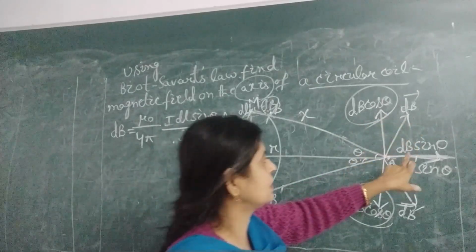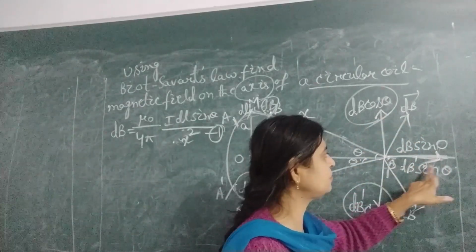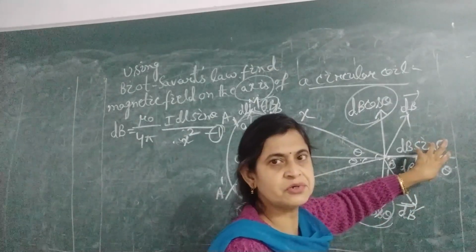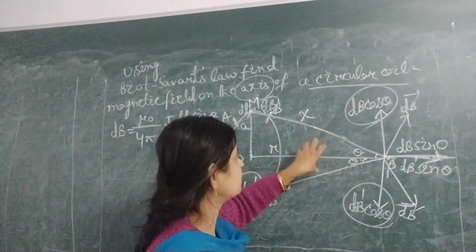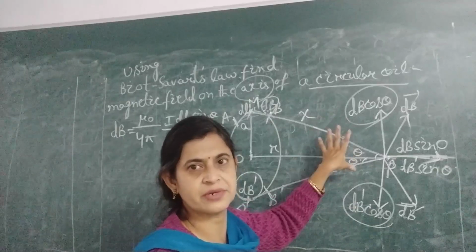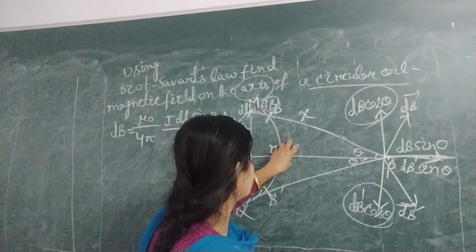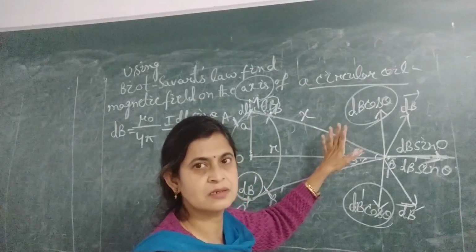Only the component dB sin theta or dB dash sin theta will contribute to finding the magnetic field due to the circular coil on its axis.